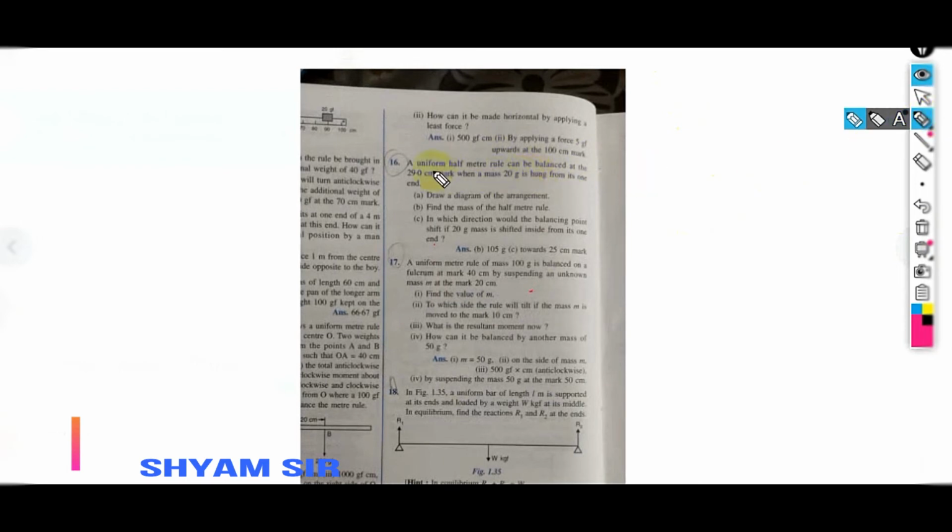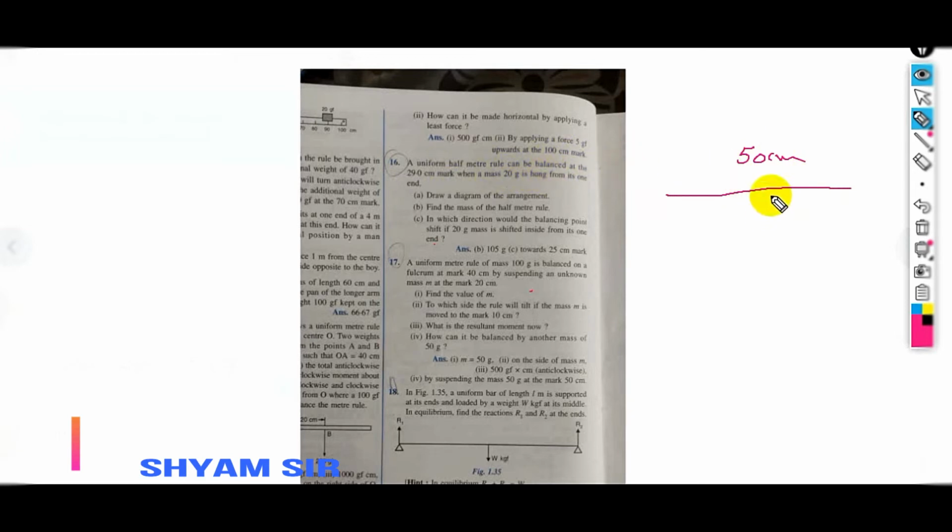Okay, regarding question number 16, a uniform meter scale rule can be balanced at 29. Okay, a uniform half meter, so the scale's total length is 50 centimeter, and it can be balanced at 20.